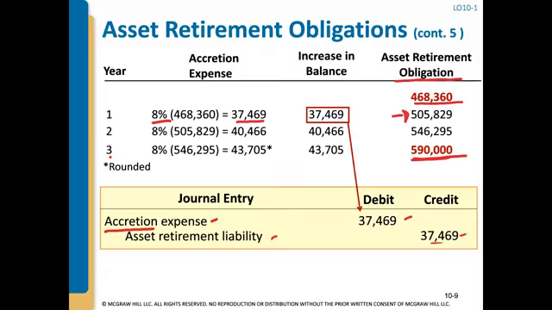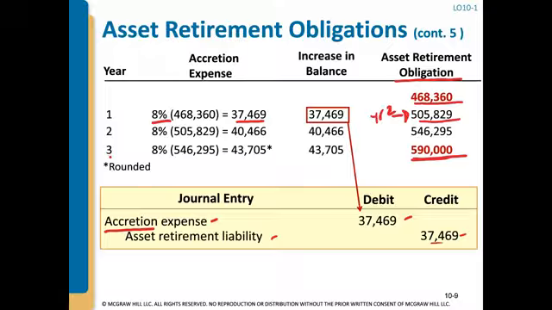So at the beginning of year 2, on 1/1/20x2, our asset retirement obligation is going to be $505,000.